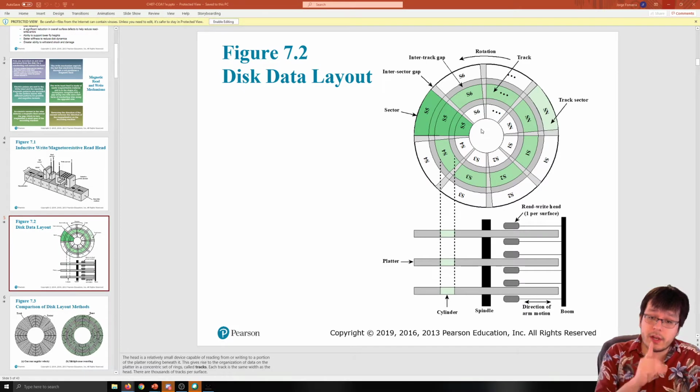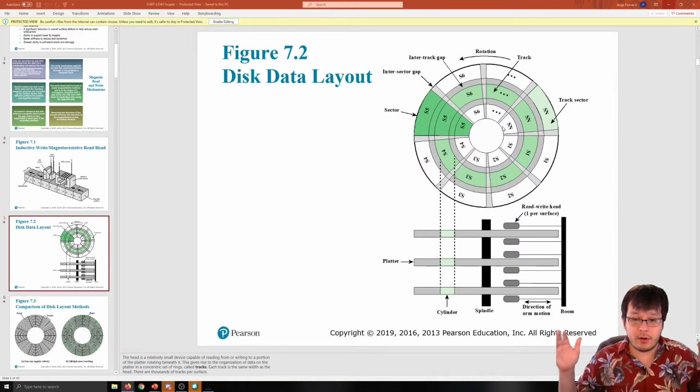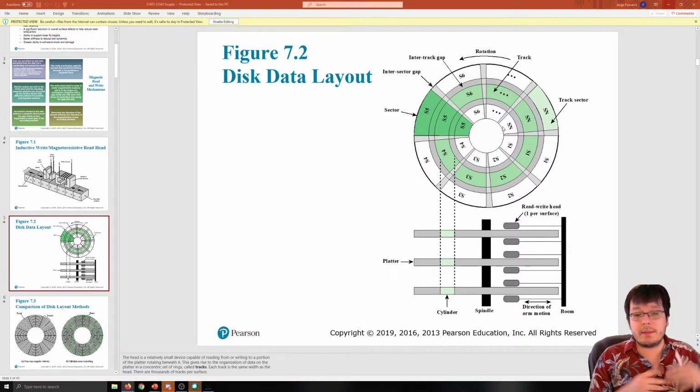So what is something interesting that happens here? If they all have the same number of sectors, let's say this is going from 1 to 6 right here, okay? I know there's stuff here, but just ignore that. They all go from 1 to 6, but notice that this space is much smaller than this space, right? And that's just because of the way a circle works. The further out you go, there's more space within the same degrees of difference.